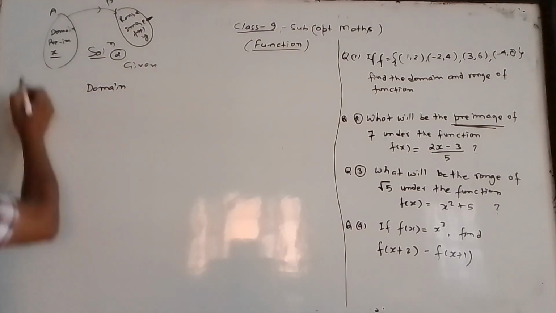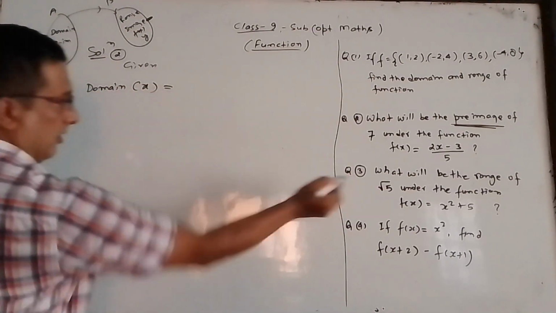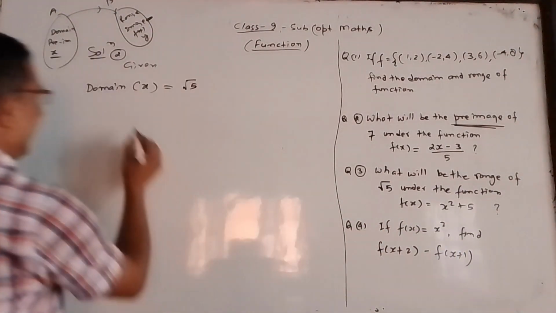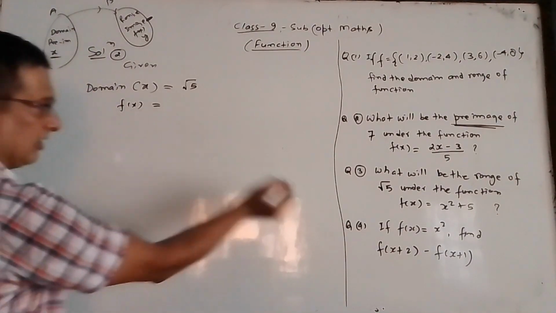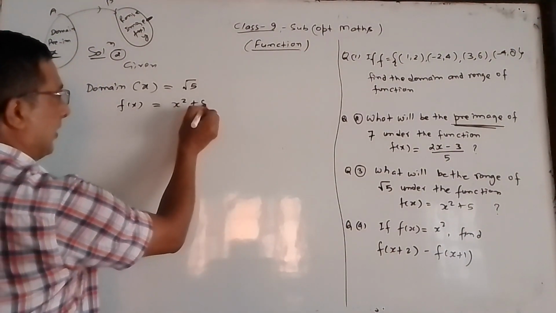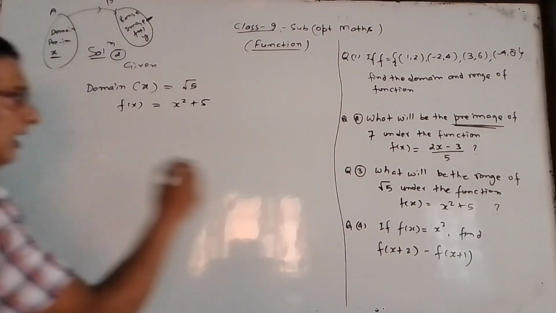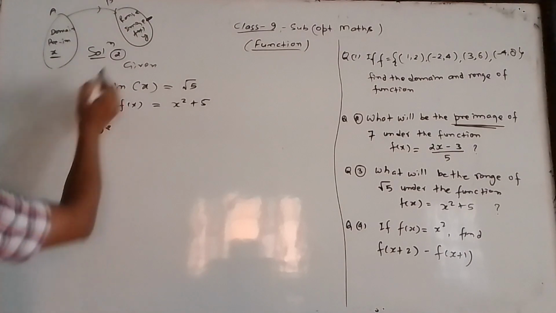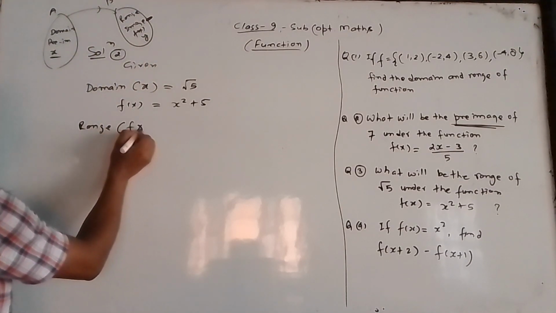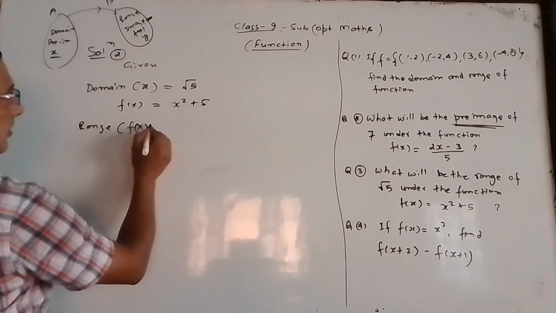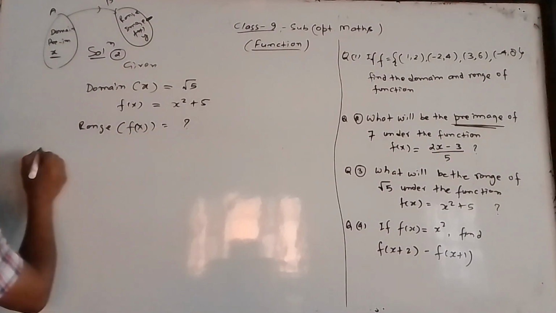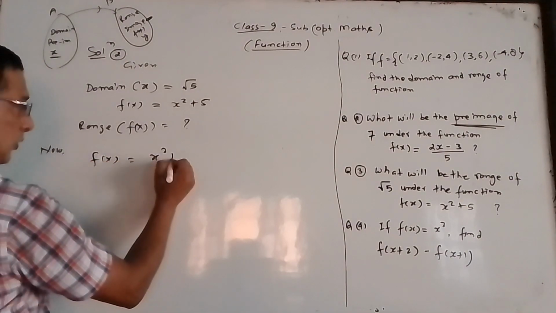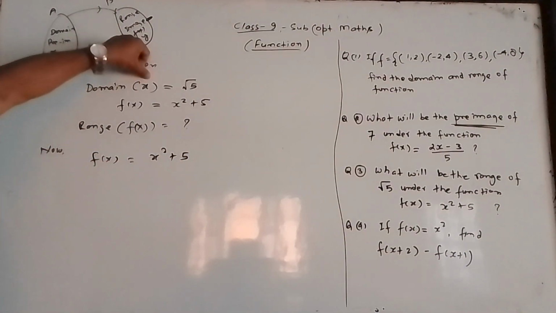So given domain. Domain means x is given. It means x is root 5. And f(x) is given as x square plus 5. And what is the range? Range means f(x). f(x) is the question mark. So now f(x) is x square plus 5 and x is equal to root 5.